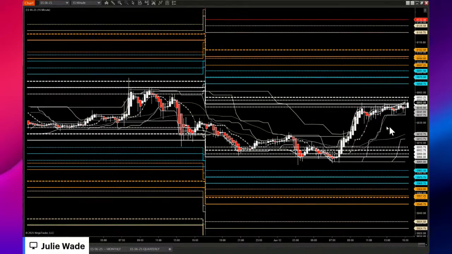And you can see that the market trades between a 15-minute, a 30-minute, and a 60-minute range all the time intraday. So I've got the 15-minute as the first level. See how the market pulls back first to the 15-minute? Then the second level is the 30-minute, and the third level is your 60-minute.